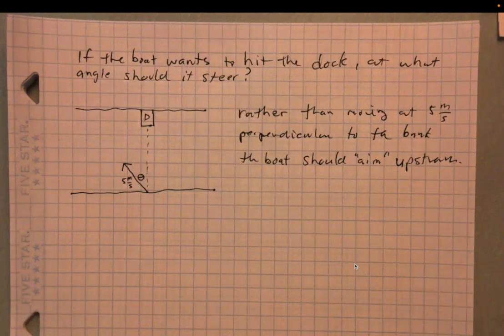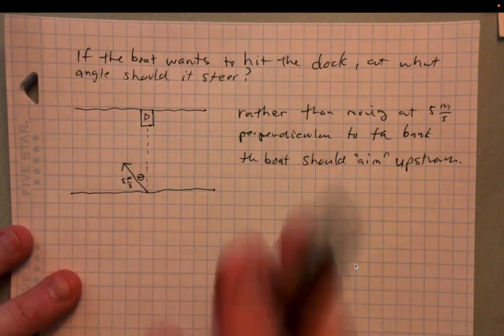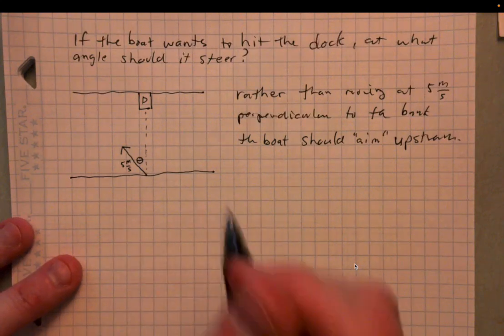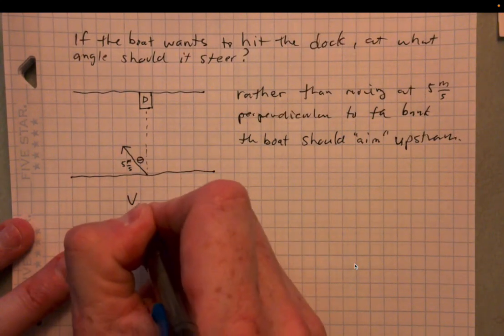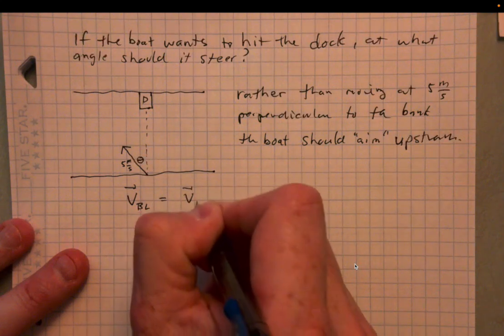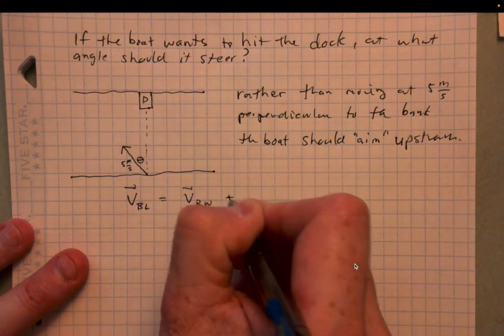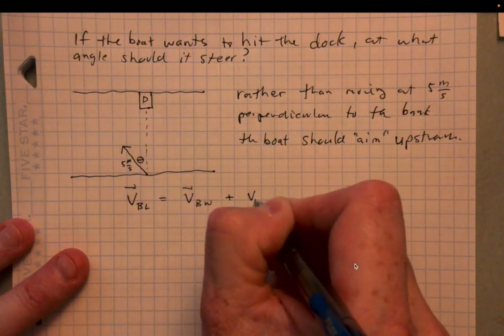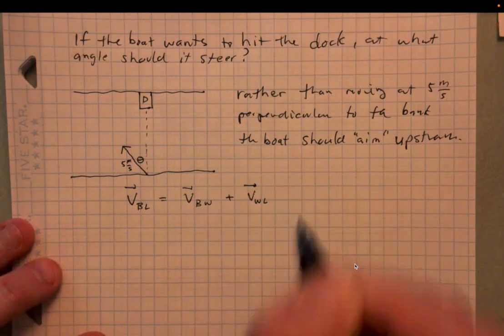Okay. All right, so let's think about this in terms of our relative velocity equation. So we've got velocity of the boat relative to the land is equal to the velocity of the boat relative to the water plus the velocity of the water relative to the land.